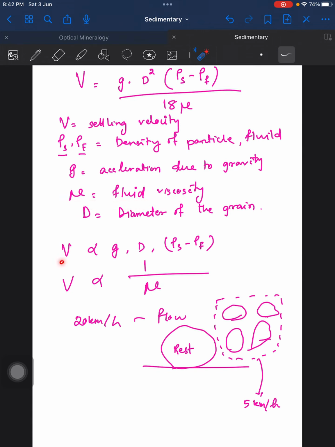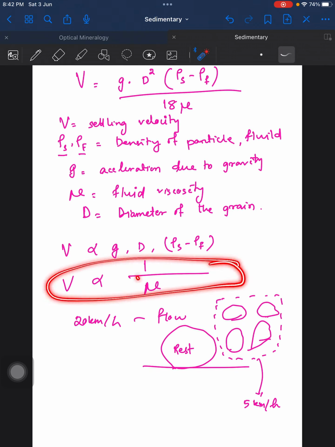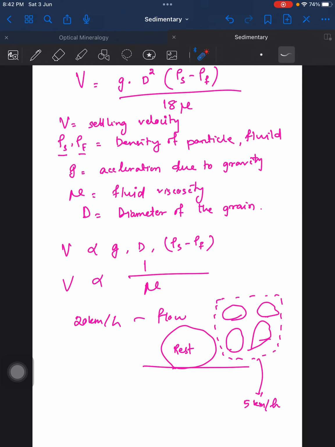So velocity is directly proportional to gravity, directly to diameter, and directly to the density contrast between the solid and the fluid, and again it is inversely proportional to the viscosity.